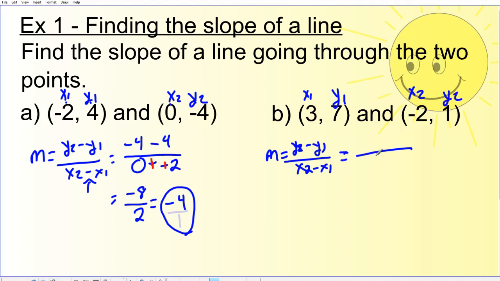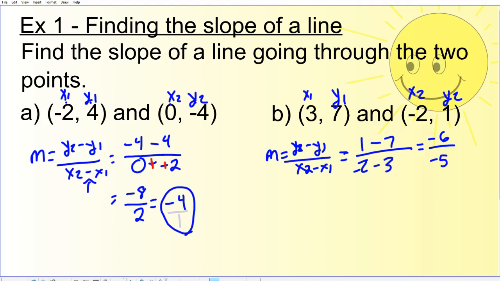I'm going to plug in y2 minus y1 over x2 minus x1, and do the math. 1 minus 7 is negative 6. Negative 2 minus 3 is negative 5.